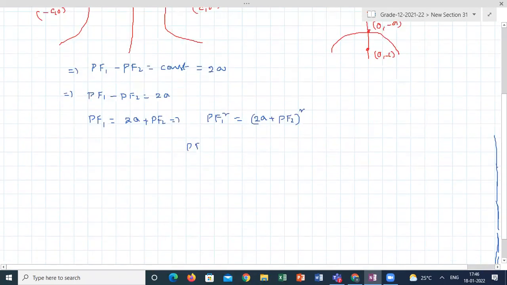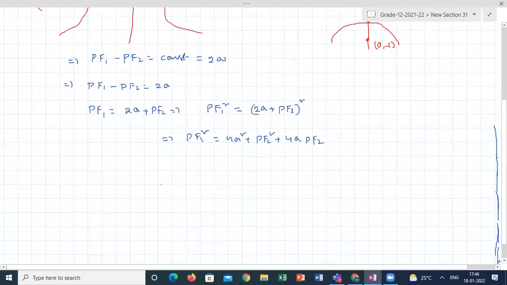This is PF1 square is equal to 4a square plus PF2 square plus 4a PF2. 2 into 2a into PF2, 2 into 2, 4a PF2. It becomes x square plus c square plus 2xc.